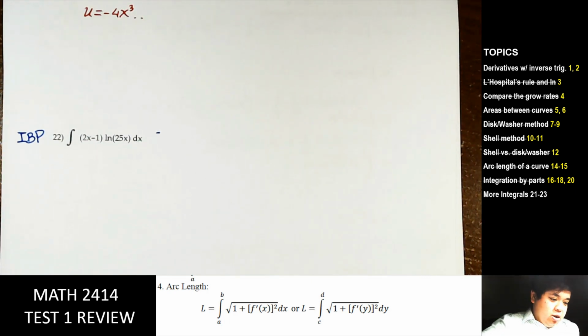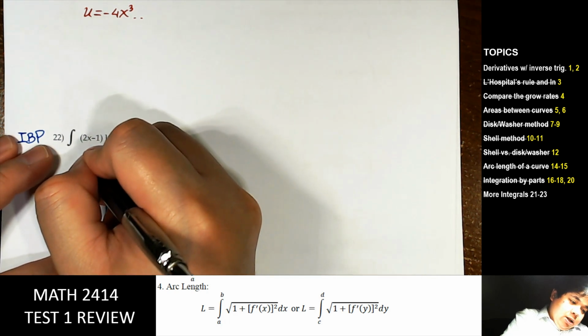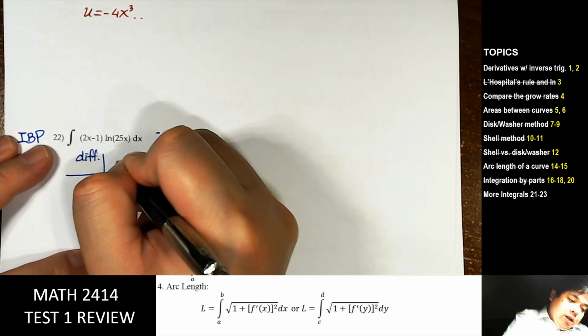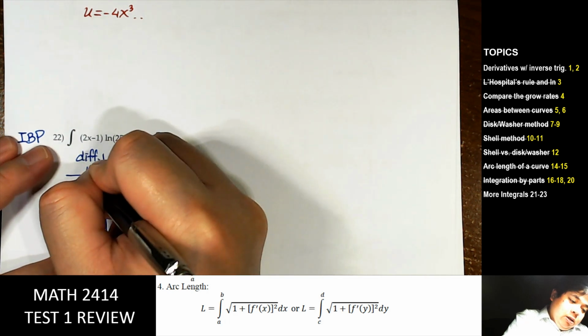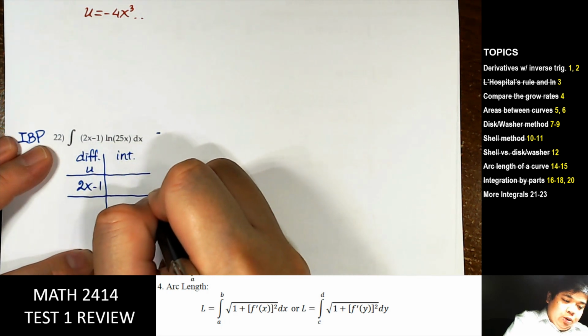Right, the integration by parts, this one first. Something to be differentiated, something to be integrated. We start with 2x minus 1 for u.